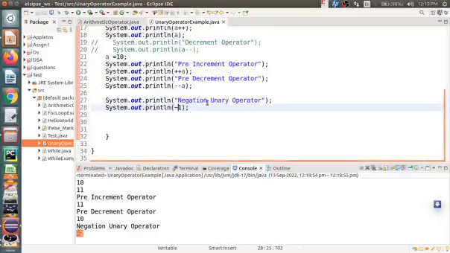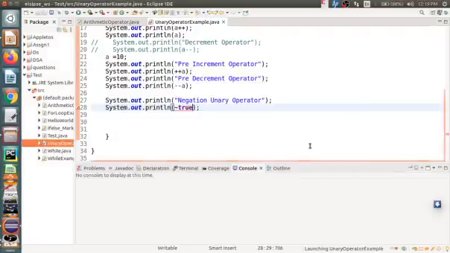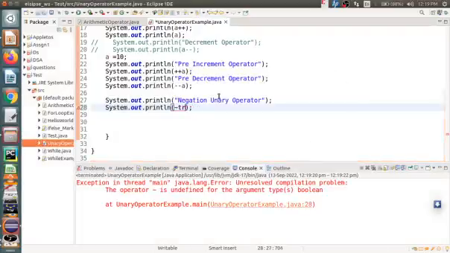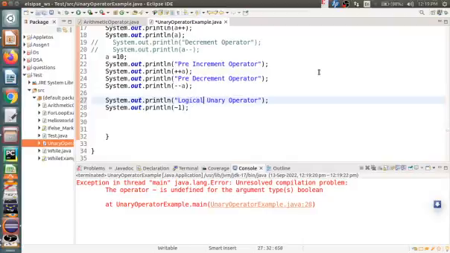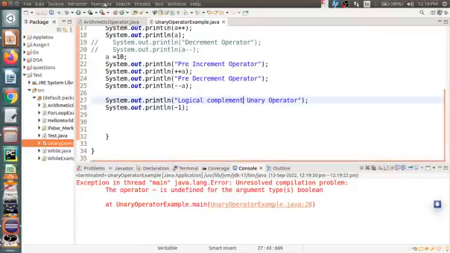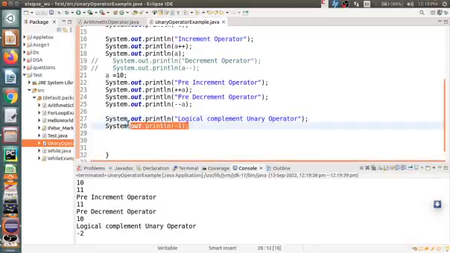And for only a single bit, this is true. So tilde mark is for the logical complement or negation unary operator. These are all the unary operators.